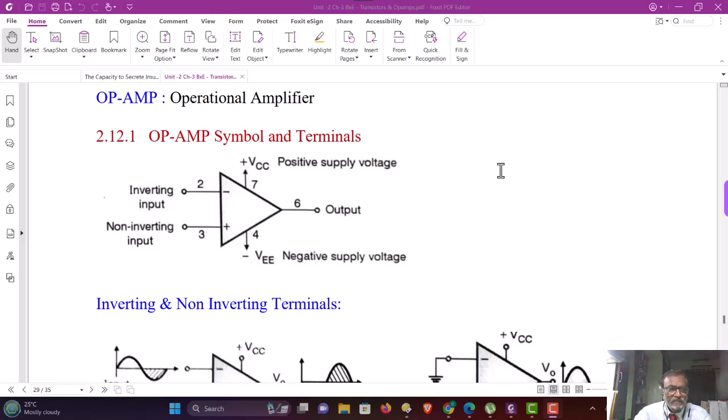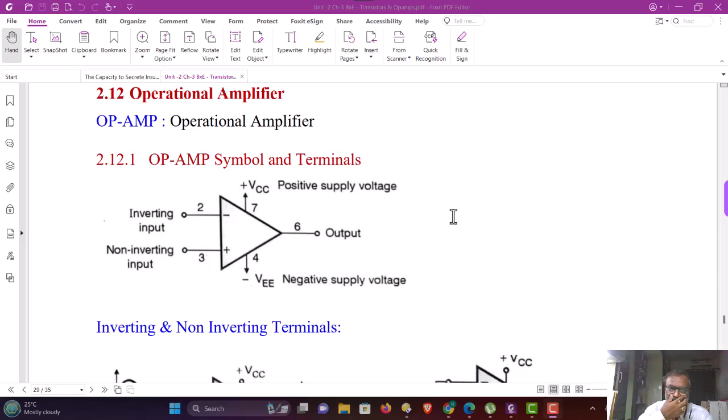Today we are learning operational amplifiers. The operational amplifier, in short, op-amp. This is a multi-stage amplifier specially designed to work with many instrumentation applications as well as the applications where various mathematical operations are implemented.